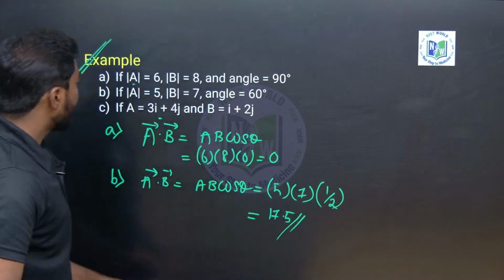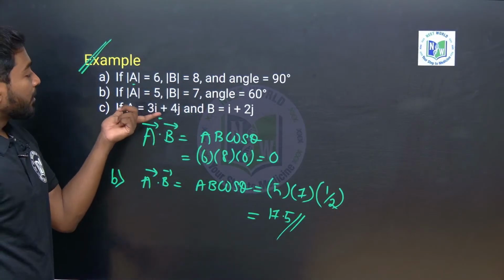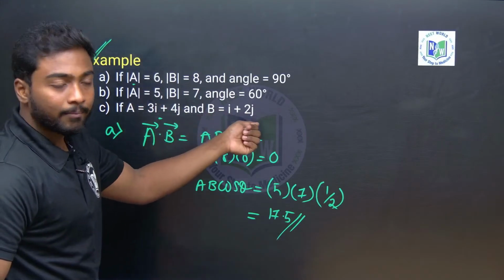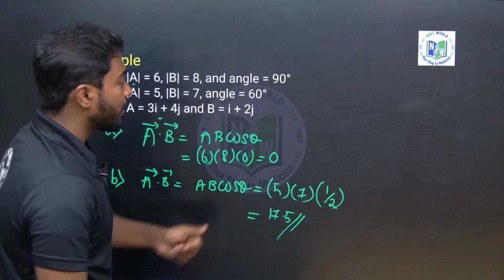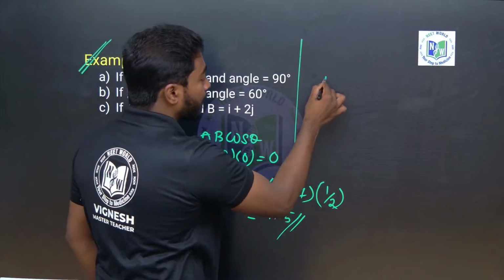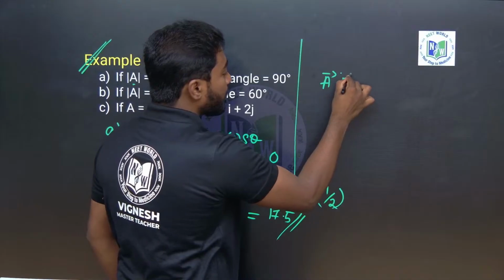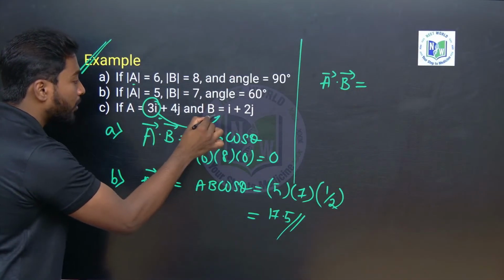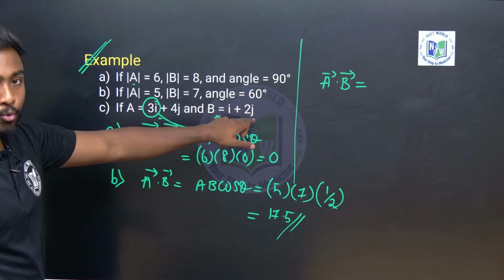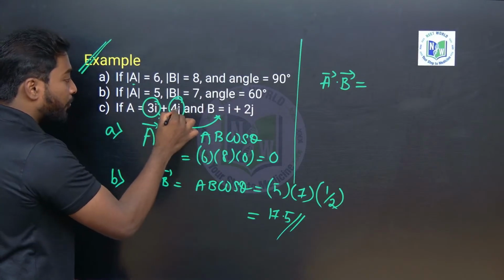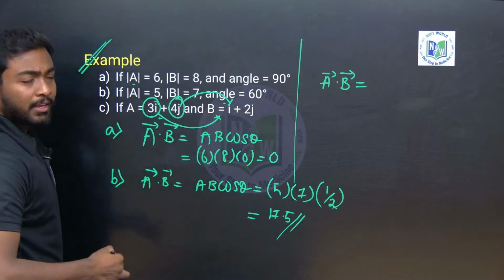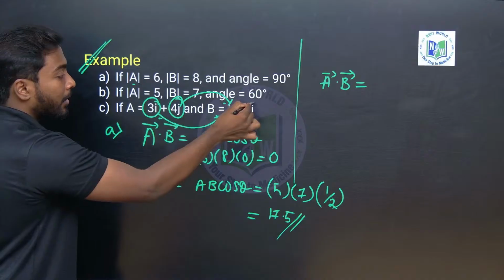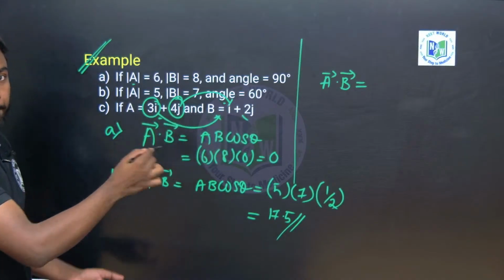Now if we talk about A equal to 3i plus 4j, B is equal to i plus 2j. For these kinds of problems, A dot B is equal to, first take i cap and multiply with total B, that is i plus 2j. Next take 4j cap and multiply with B. Or else I can take i cap and multiply with A, take 2j cap and multiply with A, both are correct.